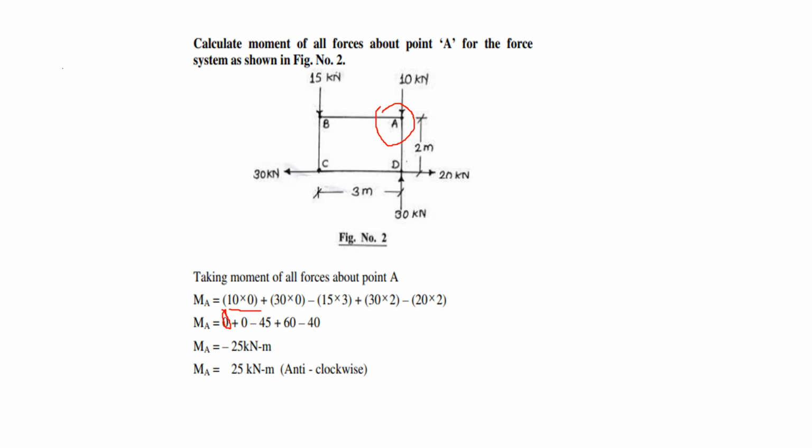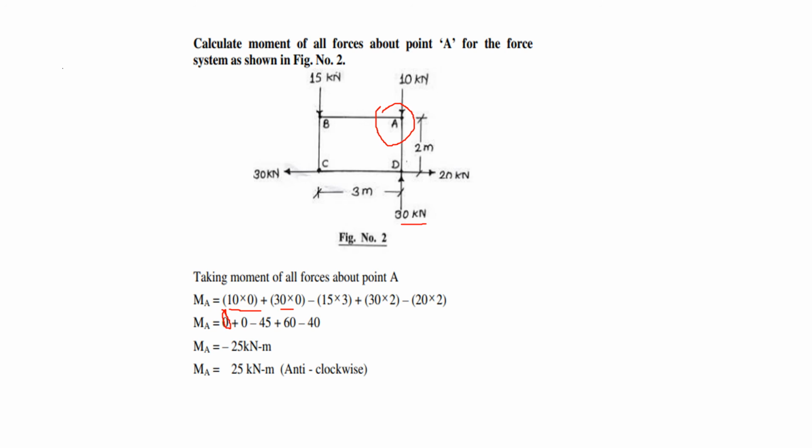This 30. This 30 lies on the same line. As it is a vertical force, there is no horizontal distance for this 30, which goes along point A. So 30 into 0 minus 15 into 3.